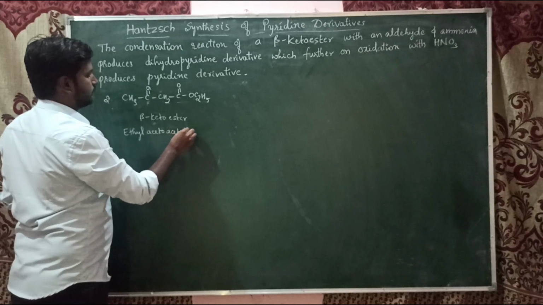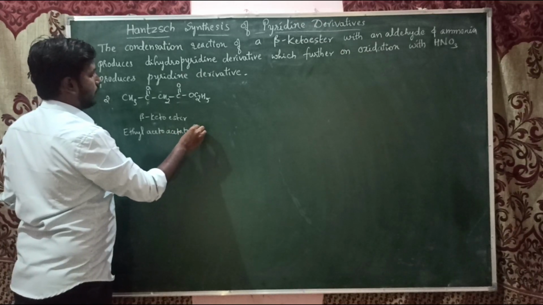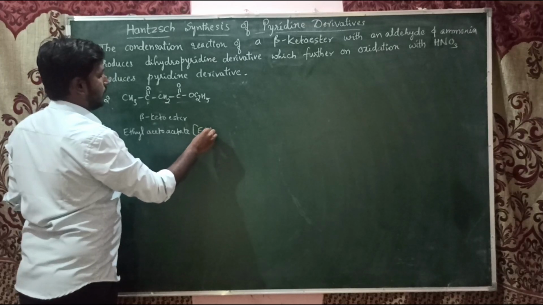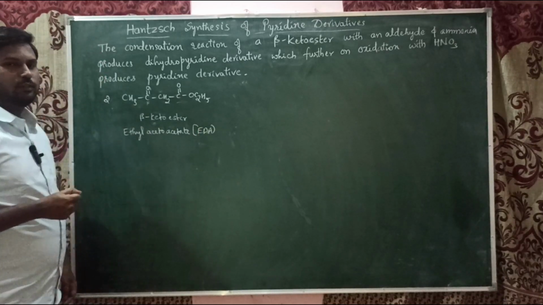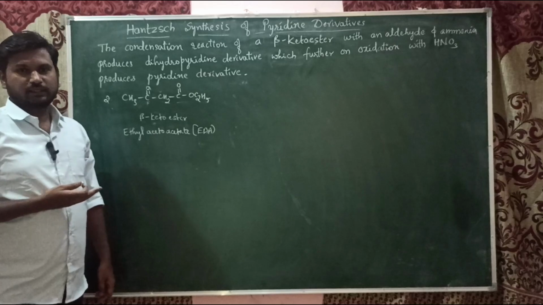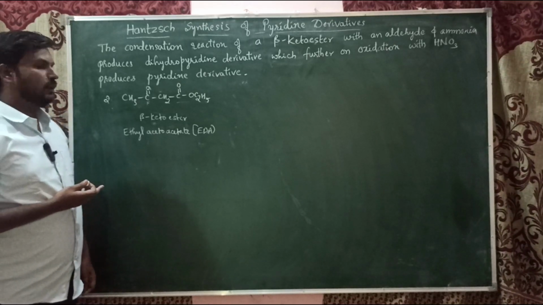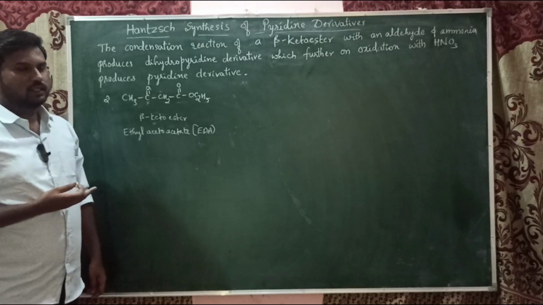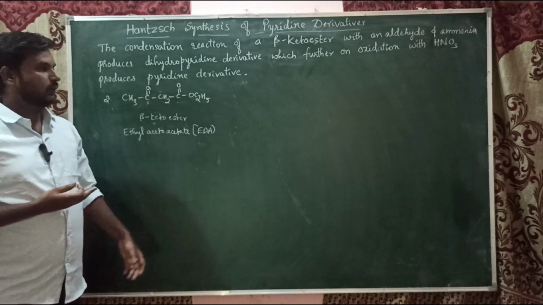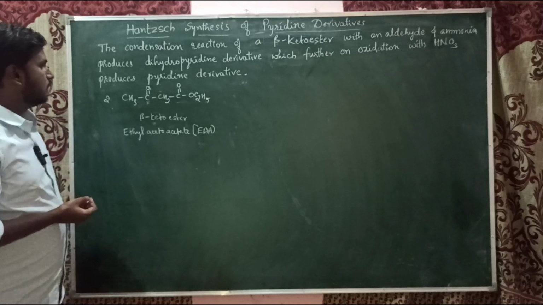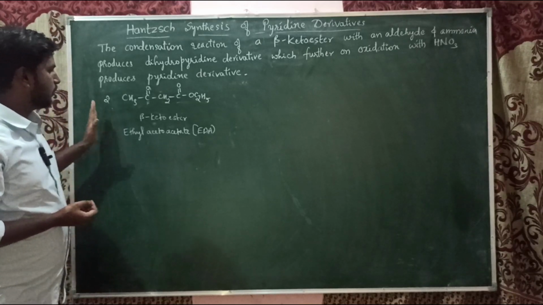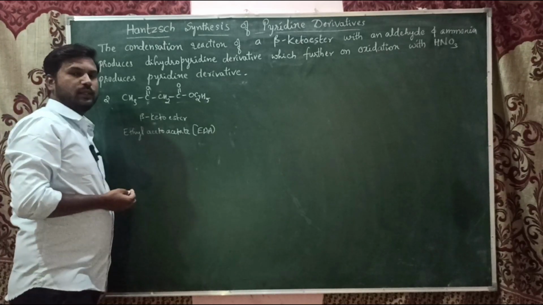It is one of the very good reagents for most organic synthesis. This EAA and DEM, diethyl malonate, those 2 compounds you have studied in the synthesis via enolates method. So yeah, this is an example of beta keto ester.